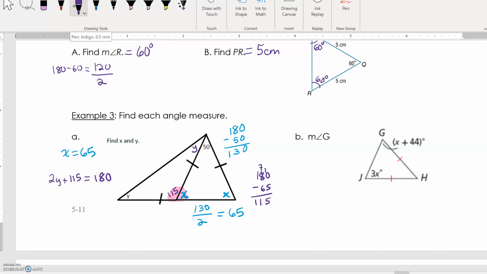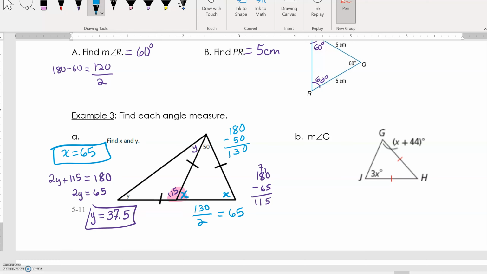We could also use the exterior angle theorem here, because you're going to end up finding out that y plus y is equal to that exterior angle of 65 degrees. So you could really do it either way. Y would become 37.5, and then we already have x right there.